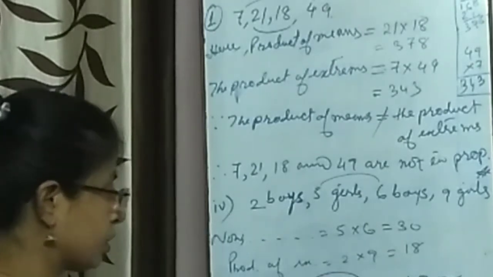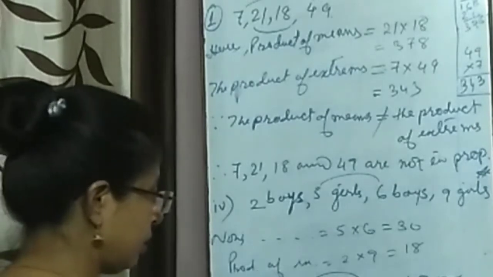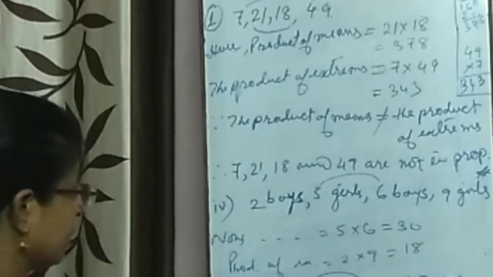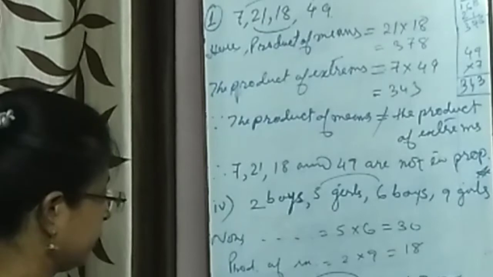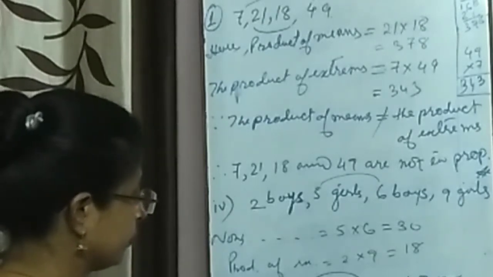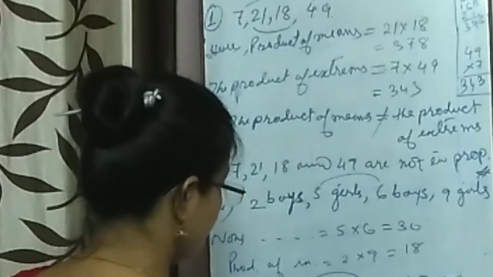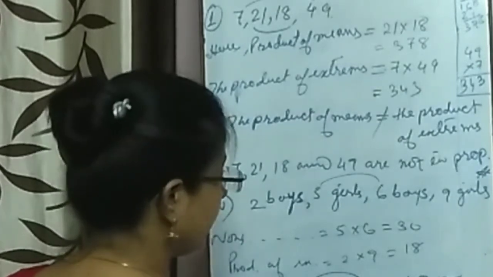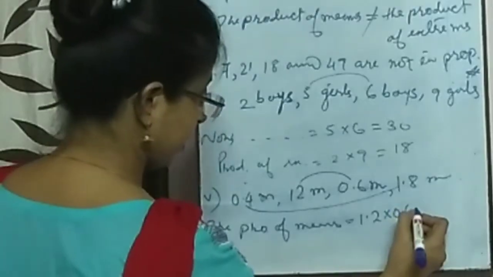Here these 2 are means and these 2 are extremes. So the product of means, what you will do, 1.2 into 0.6.